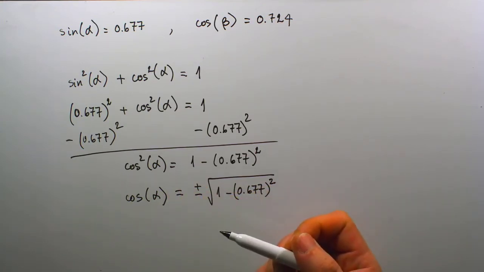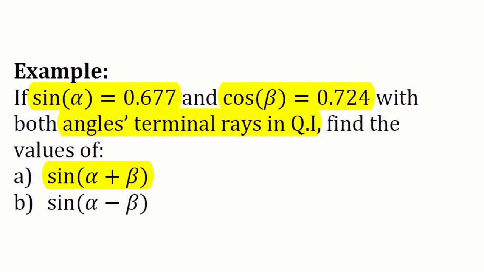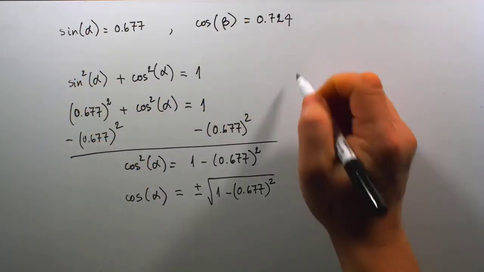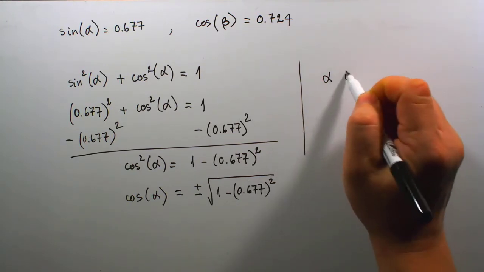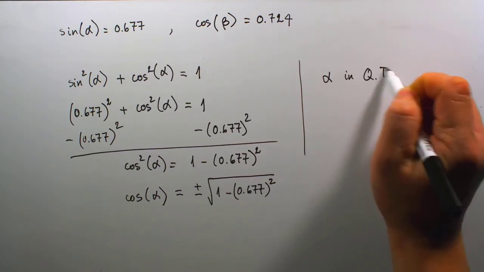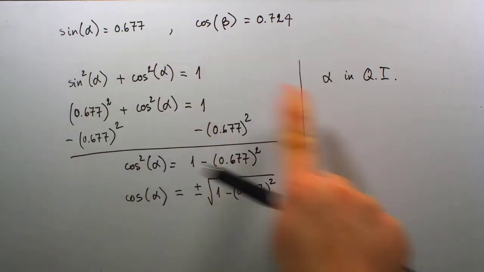Recall the piece of information we have seen on the computer screen: both angles' terminal rays are in quadrant 1. That means we can simply understand that our angle alpha is in quadrant 1.